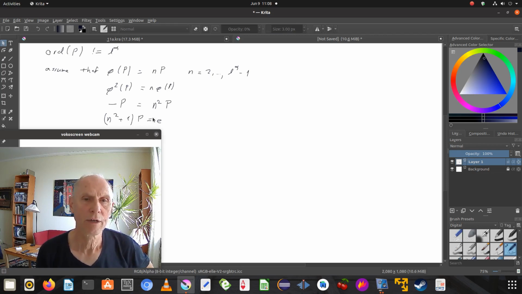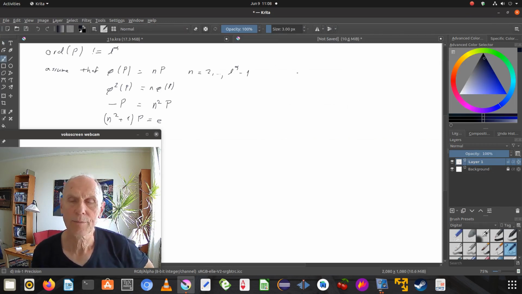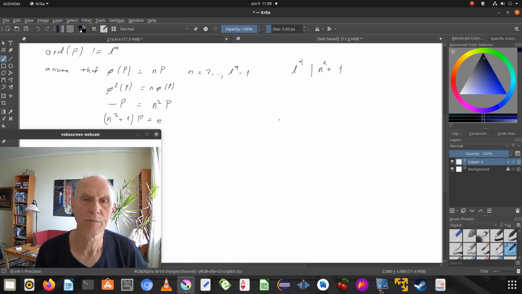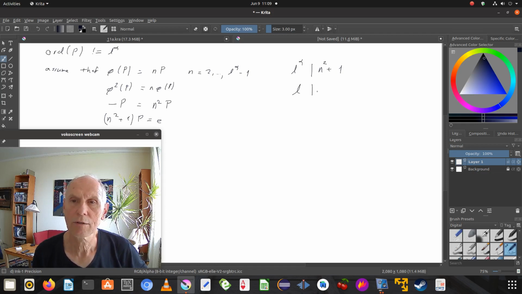And that means that L to alpha divides n squared plus 1. That means that L divides n squared plus 1.